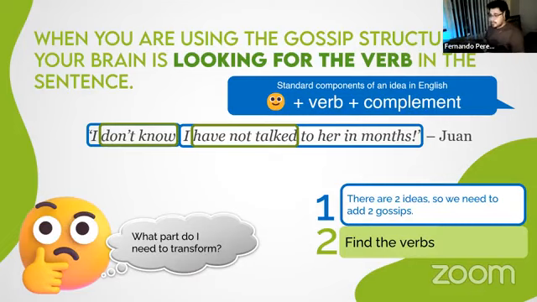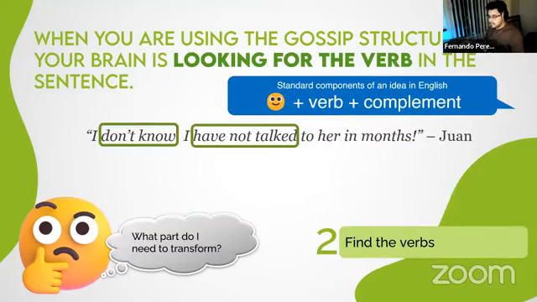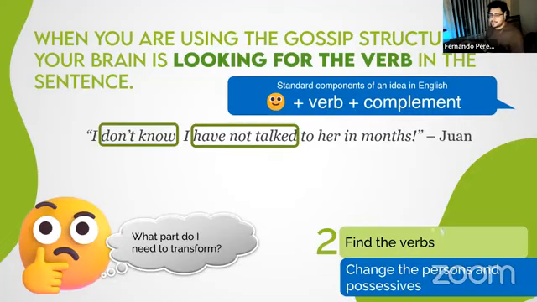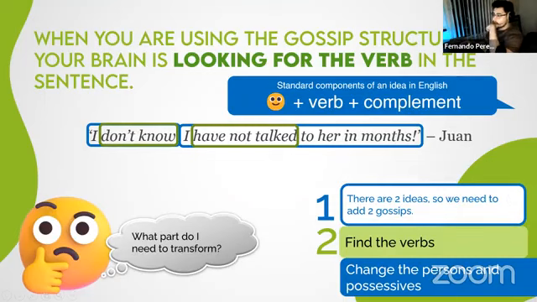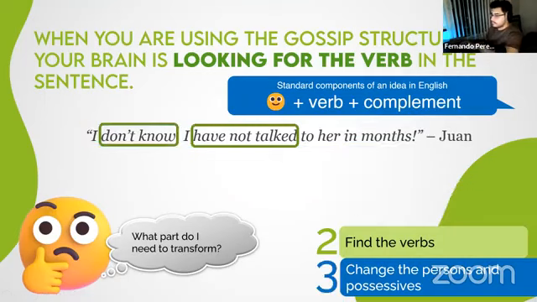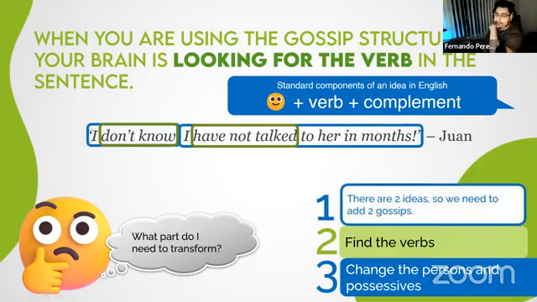Finally, we go to step number 3. And step number 3 is very easy. Change the persons and possessives. Right? Who is the person in the first sequence?